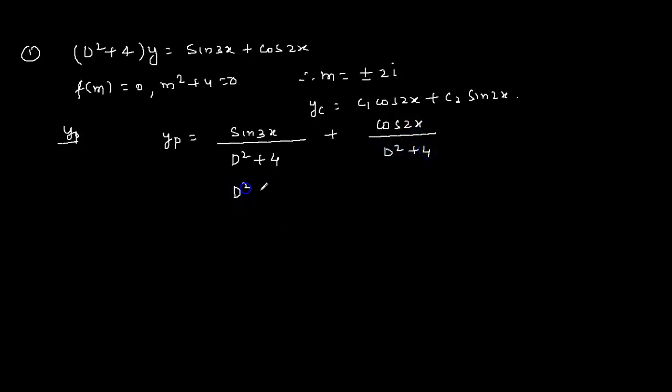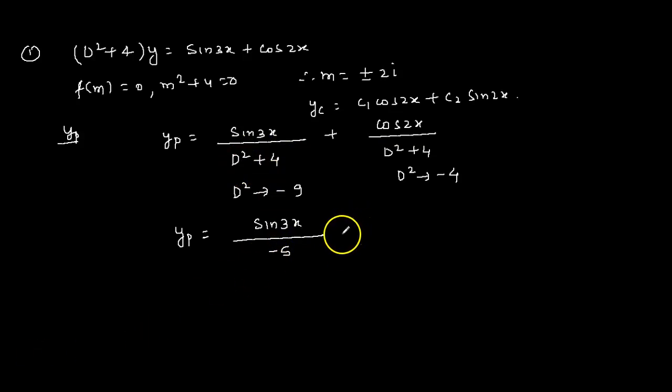Here we have to replace D square with how much? Minus a square. A is what here? 3. So 3 square is 9. For the second, D square is replaced with minus a square, a is 2, so minus 4. So yp is equal to sin 3x divided by minus 9 plus 4, which is minus 5.